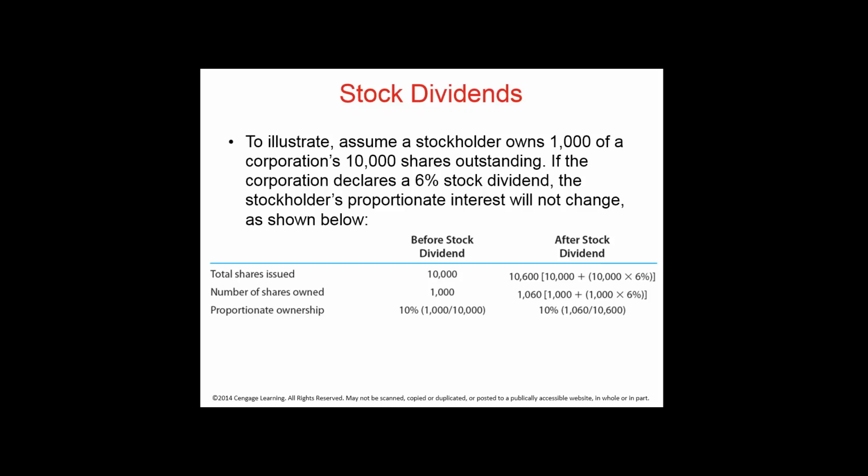Because we had previously 10,000 outstanding, and with the 6% dividend, we now have 10,600. It went up 6%, the total shares outstanding. I still own the same proportionate share that I owned previously, because my stock went from 1,000, or 10% of the total, to 1,060, which is now 10% of the total shares outstanding.